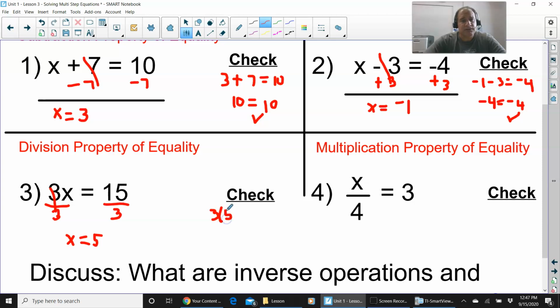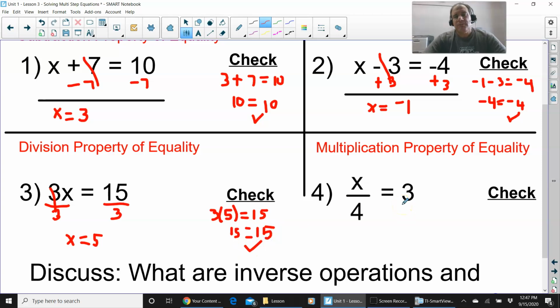Whatever you got as your answer goes in as the x. So it's 3 times 5, and now 3 times 5 is 15. So the last line of your check should be 15 on the left side, because you got that right, and 15 on the right. Yes, those are equal. You put a check mark, you're done, you're out of here.